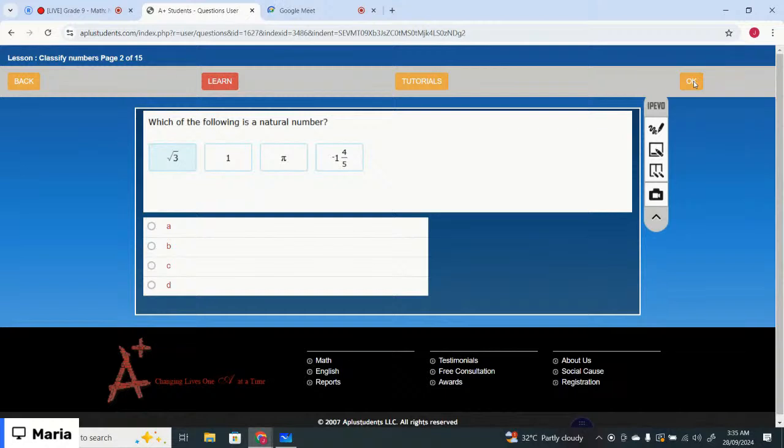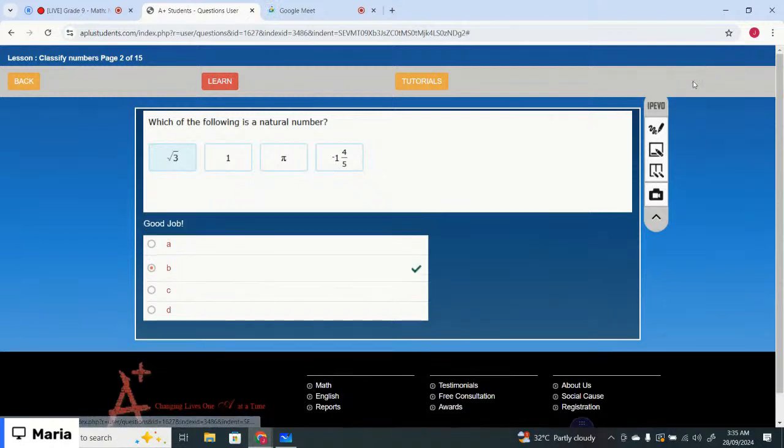Option number B is the correct option. Only 1 is the natural number, right? Square root 3, pi, and negative 1 whole 4 by 5 are not the natural numbers. So option number B is the correct option.